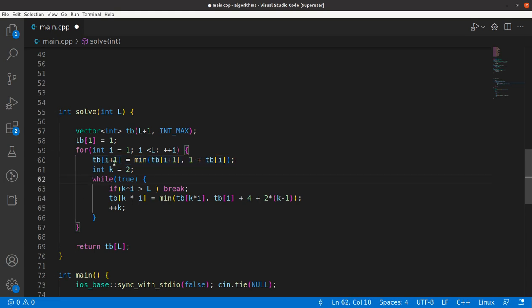So TB of I plus 1 equals the minimum of TB of I plus 1, or 1 plus TB of I. So by spending 1 coin you get 1 lily, and we update the value at I plus 1.